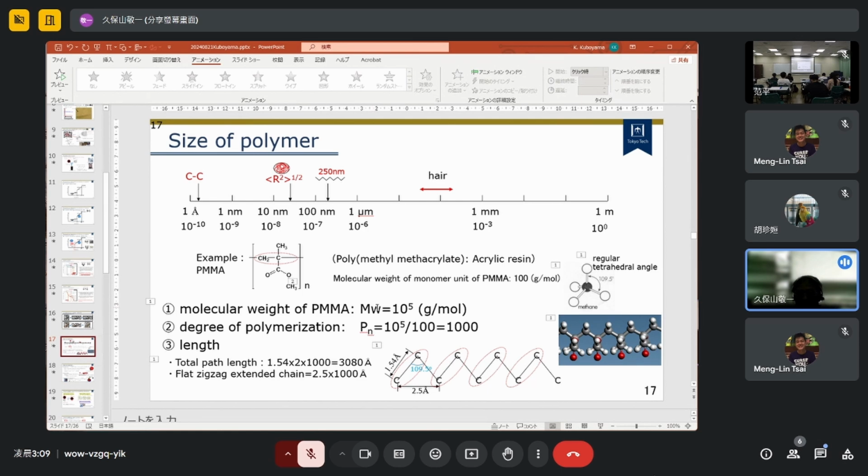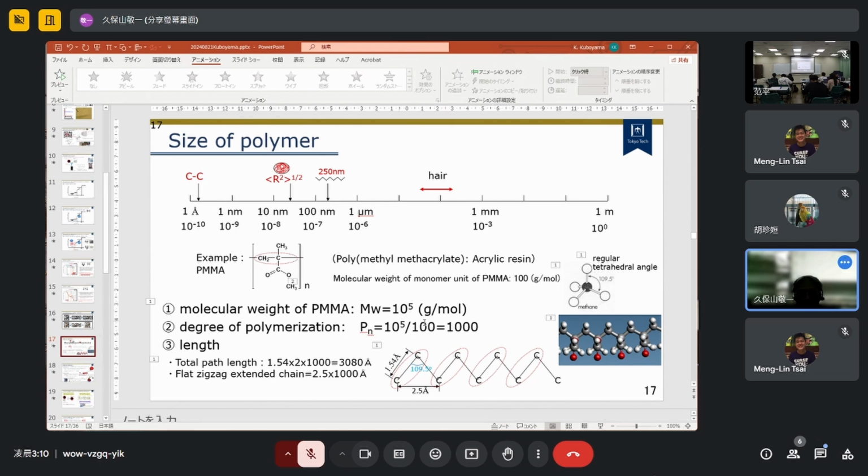And if the molecular weight of the whole polymer, one molecular chain, is 10 to the fifth power, the degree of polymerization can be calculated like this, because the whole molecular weight is 10 to the fifth and one monomer unit is 100.